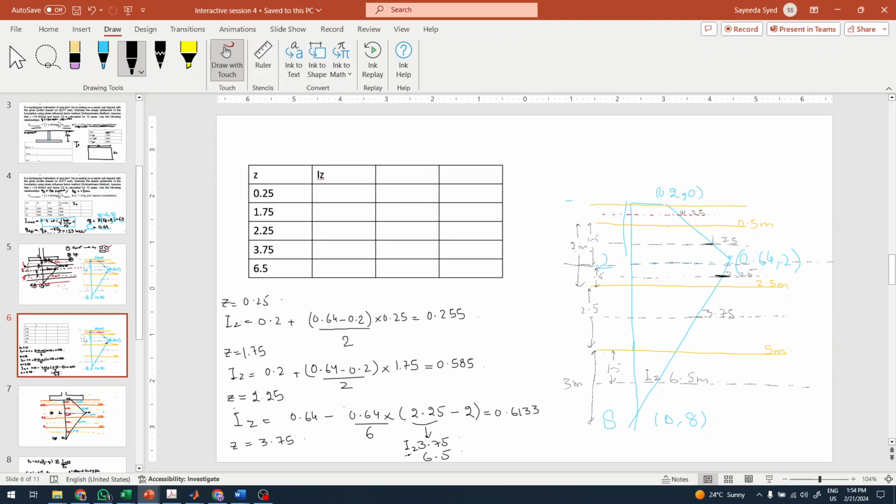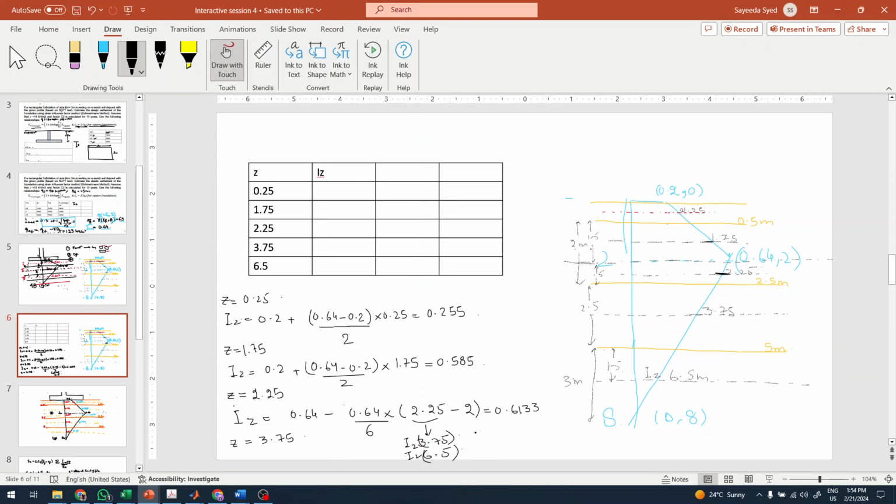So Iz for these cases, let us calculate, will be 0.453, and here it will be 0.16. Is it the same that I had calculated yesterday?